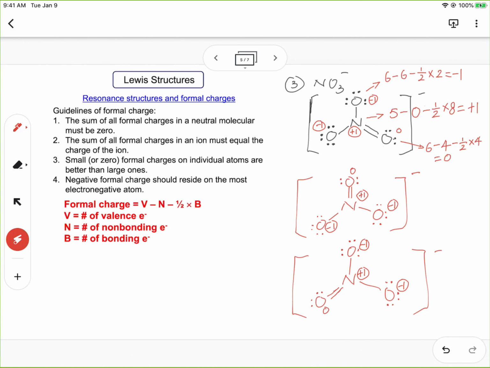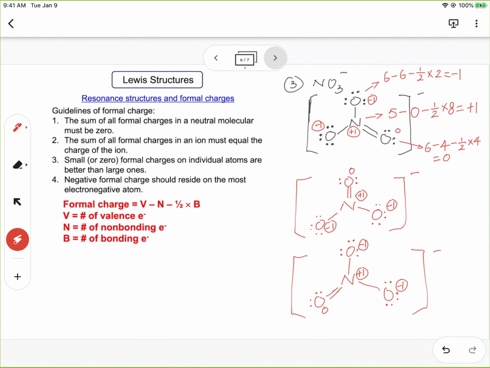Okay, so it looks like based on those formal charges, they have exactly the same four numbers. Therefore, they are equal to each other. Okay, the contribution of those three structures to the real structure actually would be the same. Okay, so this is the NO3 minus.